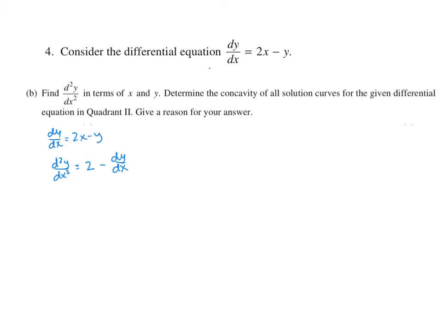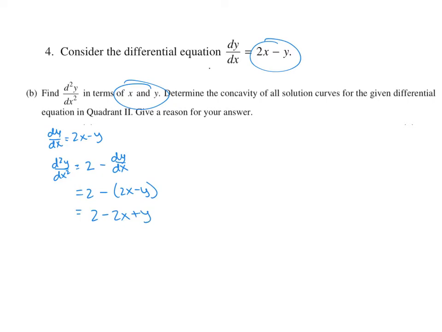Remember, every time x's and y's are mixed and we take the derivative of y, we need to have a dy/dx. We want the derivative in terms of x and y, so that dy/dx is a problem. But we know what dy/dx is: 2x minus y. So I get 2 minus (2x minus y), which is 2 minus 2x plus y, as my answer for the second derivative.